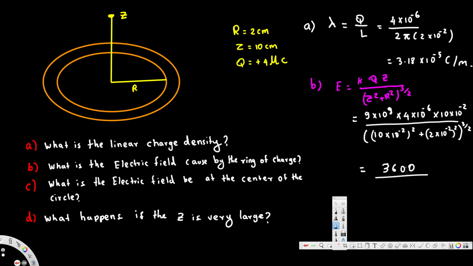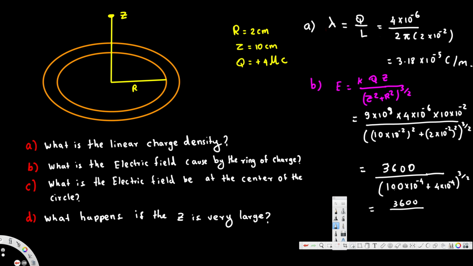Then in the denominator we are going to have 100 times 10 to the power of minus 4, plus 4 times 10 to the power of minus 4, power 3 by 2, and then we are going to add these two together. Let's see what we get.